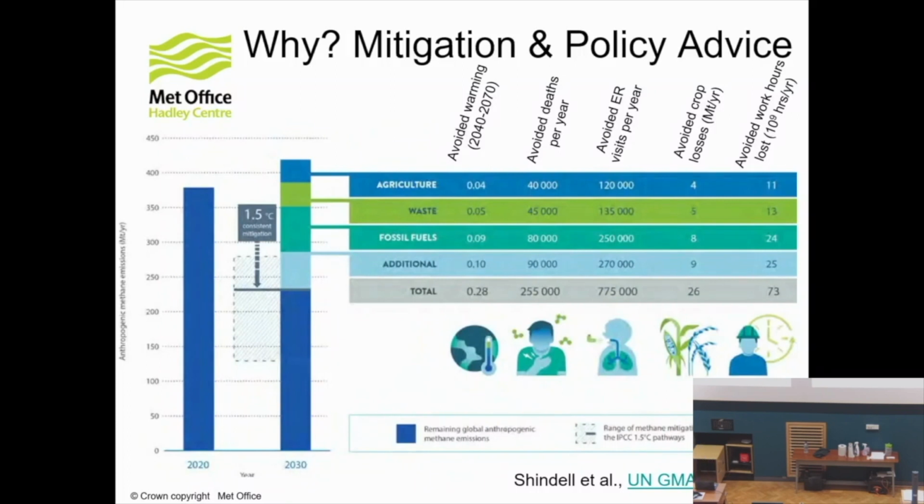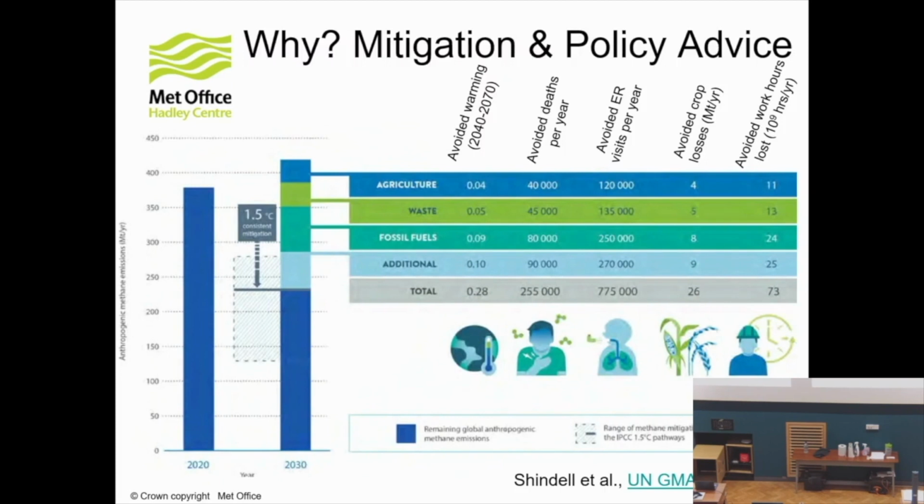The other reason we're interested in including Earth system components within models addressing climate change is because we can use them as tools to provide advice in relation to mitigation options, and policy advice to government. This is a schematic that was published as part of a global methane assessment last year and very much underpinned a methane pledge that was announced during the United Nations Climate Conference hosted in Glasgow last year.